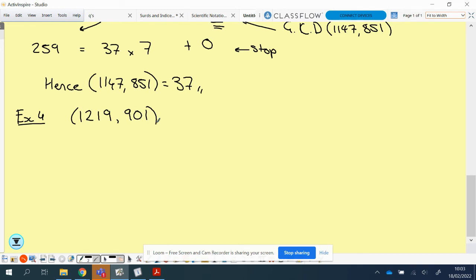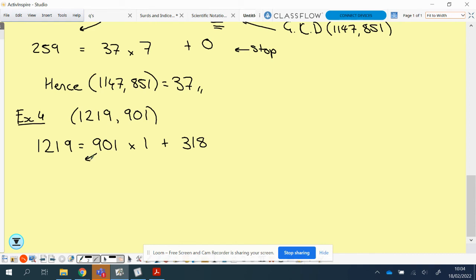Okay, so again, we'll start off the process using the division algorithm. So 1219, that'll equal 901. Then we need to work out how many times 901 can fit into that there. So we know it can fit in once, and the remainder would be 318. Okay, so that's me started off my process there. Okay, right, not got remainder 0, so we continue.